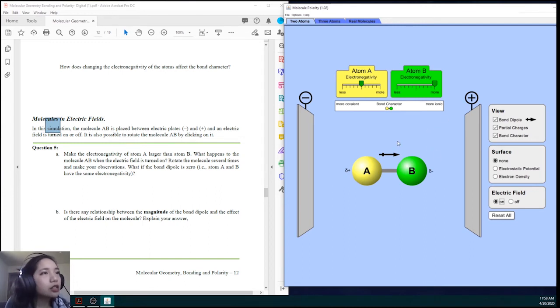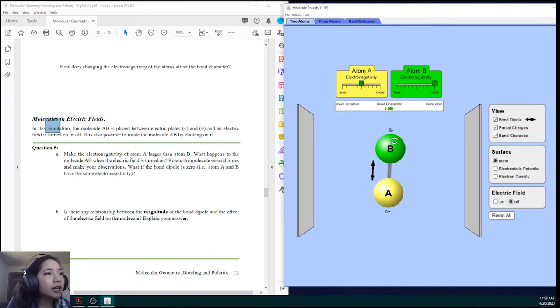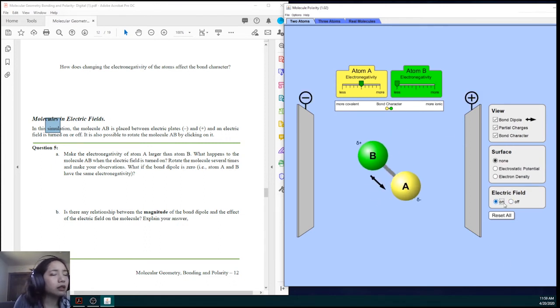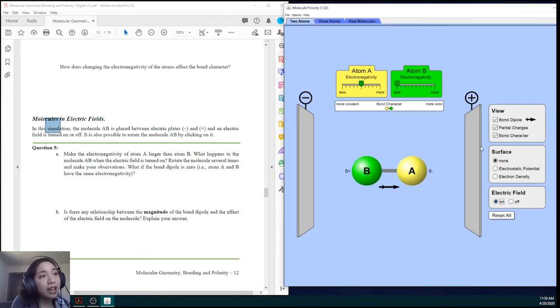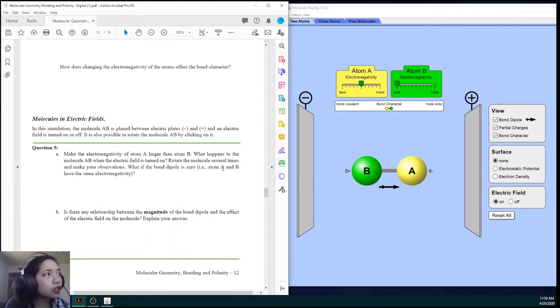So if I switched this and made the arrow point the other way, like this direction, we should be able to get the molecule to spin the other way. Is that right? Yeah, look at that. Now A is pointing to the positive plate, but the electric field only cares about these partial charges. All right, so cool.